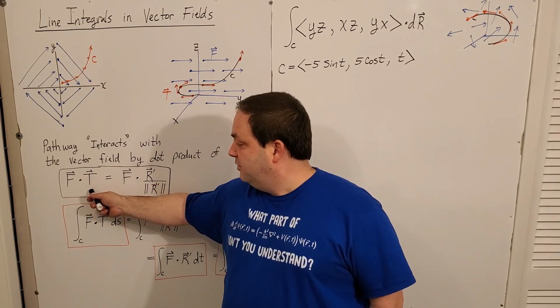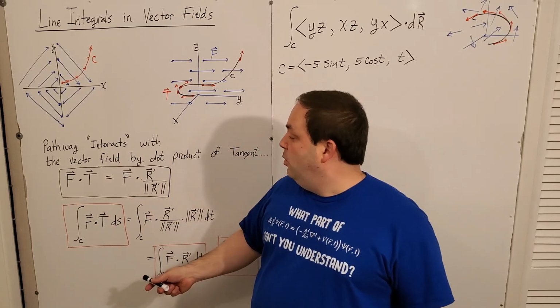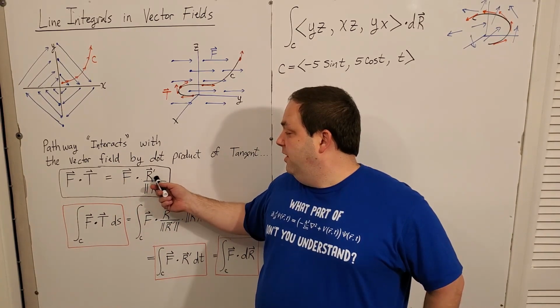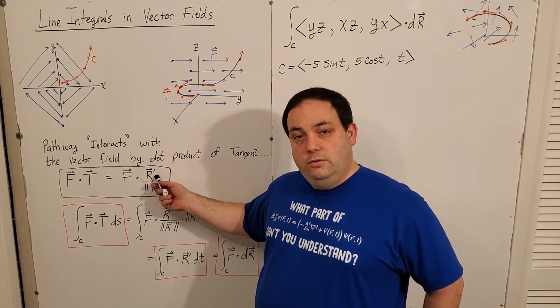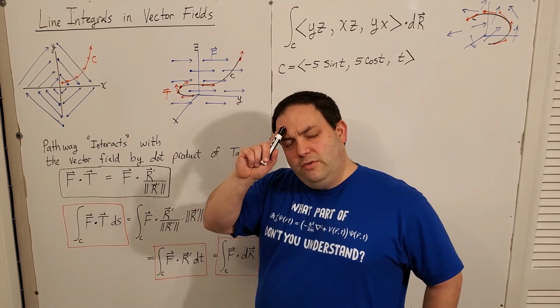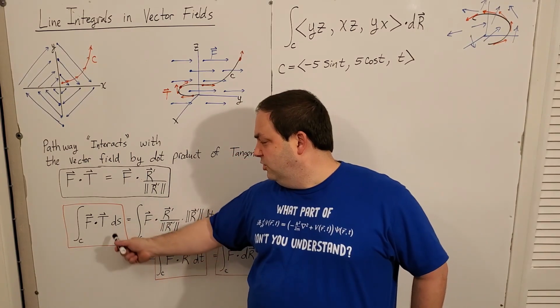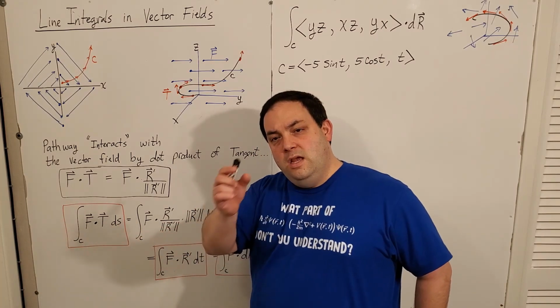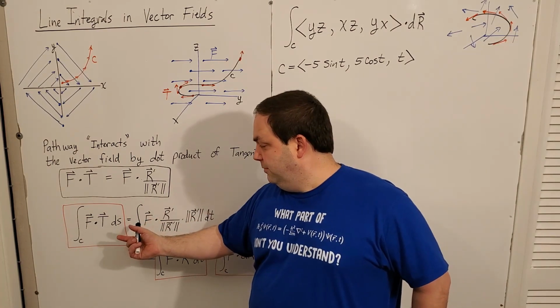So here, when you interact the vector field F with your tangent vectors with a dot product, don't forget that what we're really doing is dotting the vector field F with a derivative vector, a vector function divided by its own length. But also, our line integrals are designed with the ds, with the length as the incremental portion.